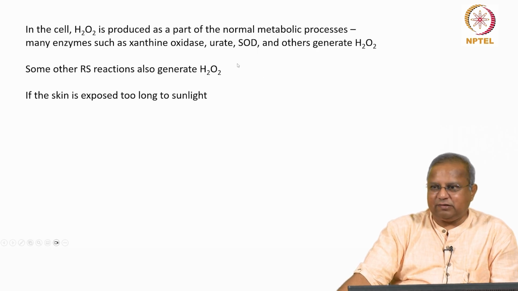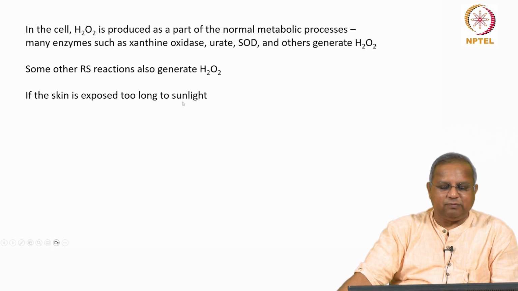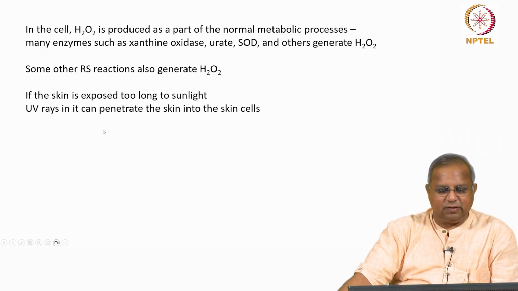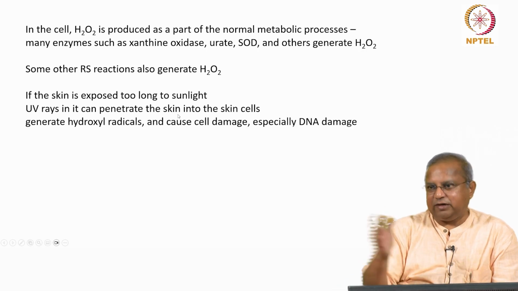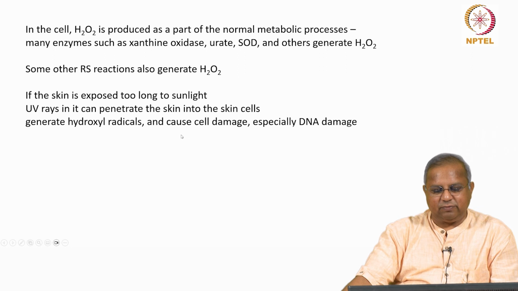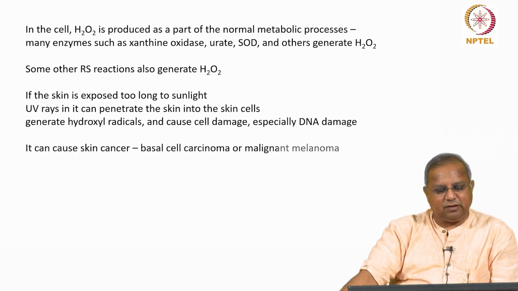and these reactions could be relevant in aspects related to skin aging. If the skin is exposed too long to sunlight, UV rays can penetrate into the skin cells, generate hydroxyl radicals by homolytic fission that we saw earlier, and cause cell damage, especially DNA damage. Once you get into DNA damage, cancer and things like that arise.